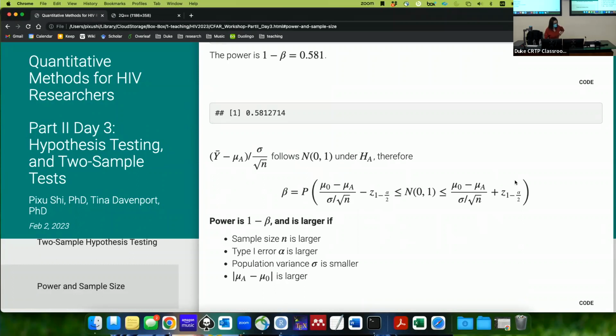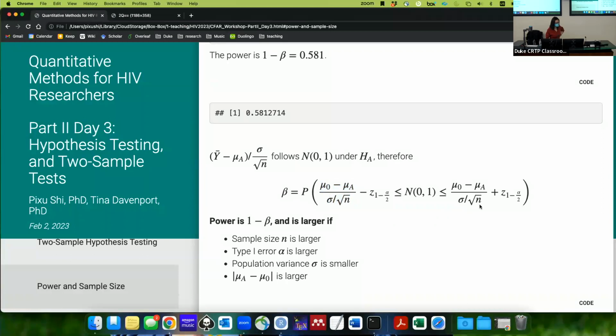This will be your formula for the power calculation. So from the formula here, you will be able to know what affects your power. You can see that if you have a larger sample size, this whole thing will be larger or smaller. It depends on this difference here, right?